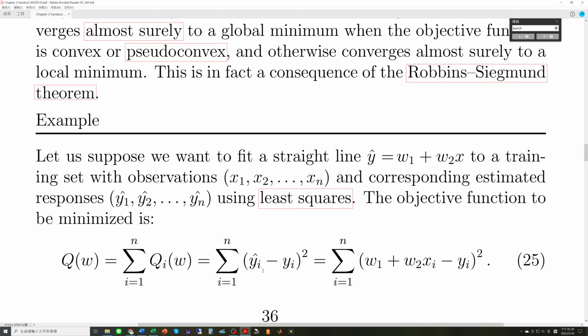Then we substitute yi hat for y hat, with x replaced by xi. Then this equation is equal to the summation from i equal to 1 to n of (w1 plus w2 xi minus yi) squared.